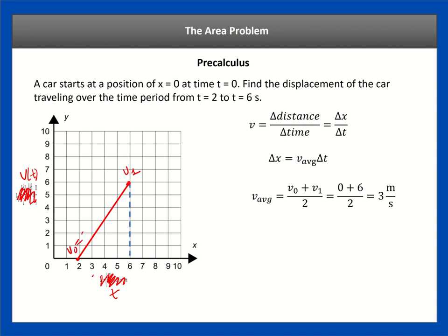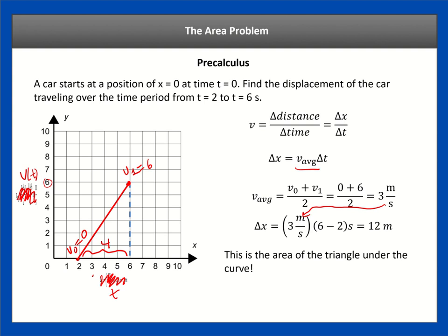In this case, v0 is 0 meters per second and v1 is 6 meters per second. If I take the average velocity over that time period from 2 to 6 seconds, which is a time period of 4 seconds, then 0 plus 6 divided by 2 is 3 meters per second. So we got the average velocity. If I plug that into the displacement equation, you get 3 times 4, which is 12.